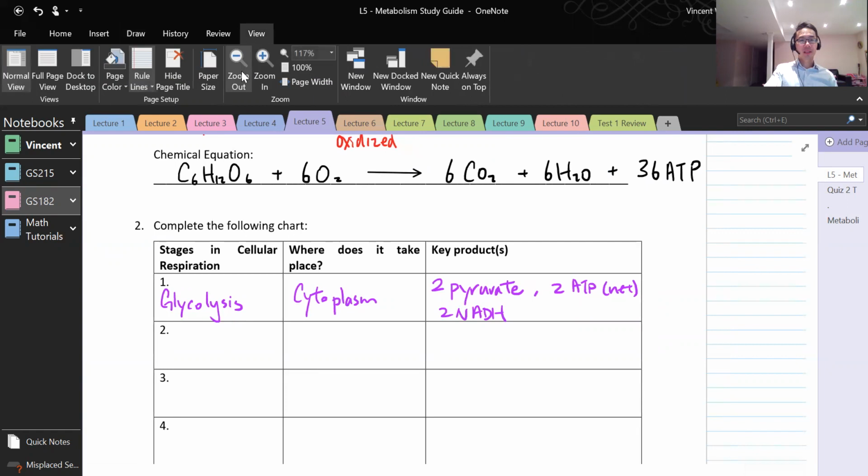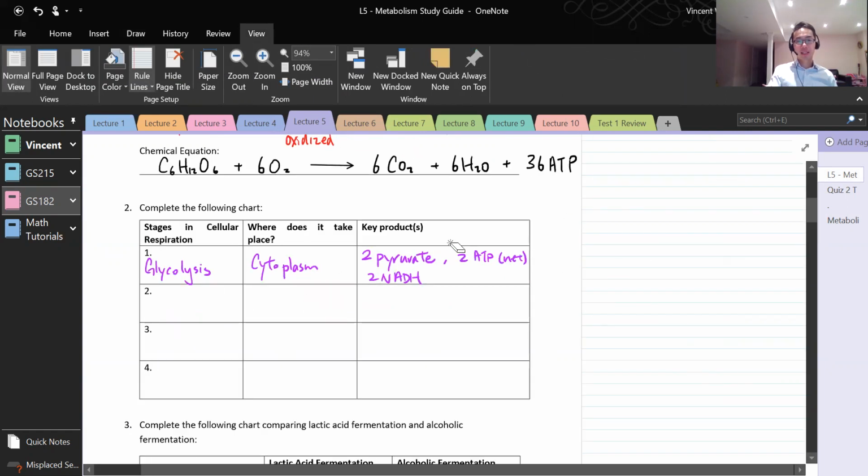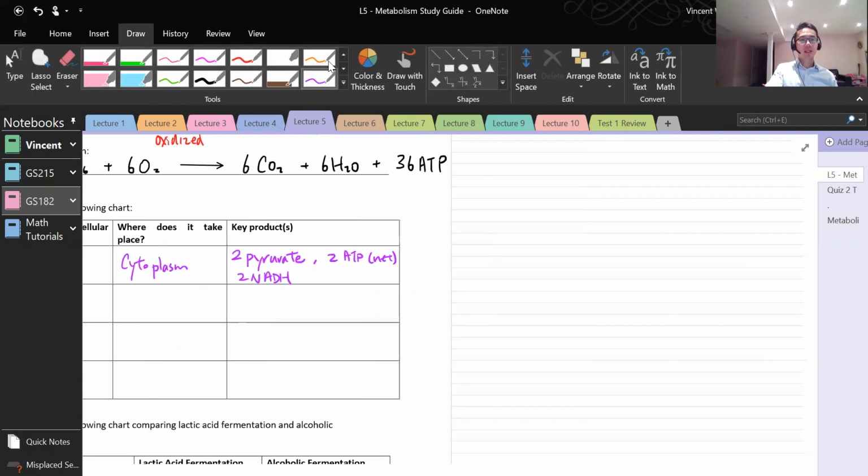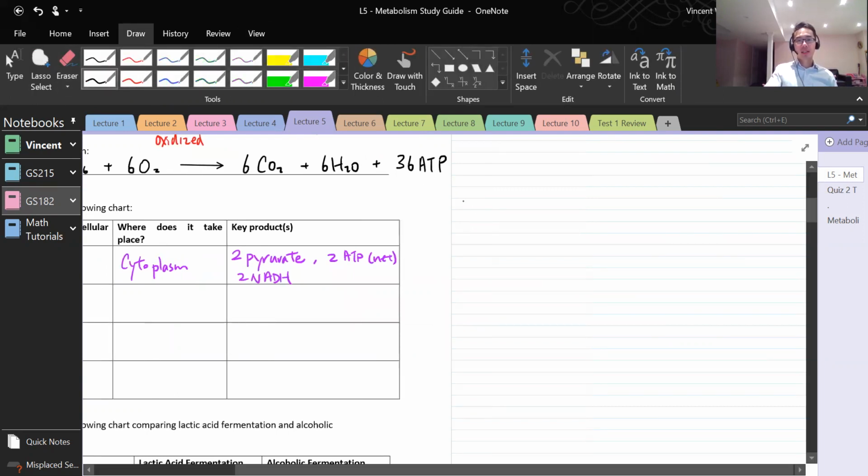Okay. So let's go into a little bit more detail explaining glycolysis. Like I said, glycolysis begins with 1 glucose. Glucose has 6 carbons in it, right? C6H12O6.